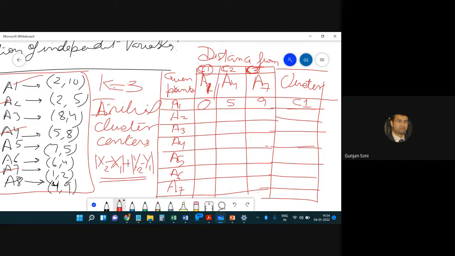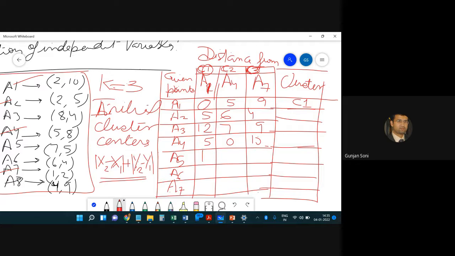Okay, and similarly A2, can you fill all these? I'll do the first one, and the second one you will do on your own. 5, 6, 4, and this one will be 12, 7, 9. Next one will be 5, 0, 10.